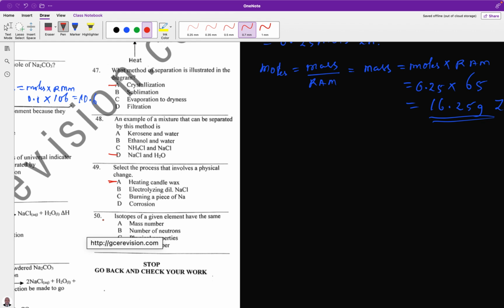Remember, isotopes are atoms of the same element having the same proton number or atomic number, but different mass numbers due to the different number of neutrons. So our answer here will be the same atomic number. D is the right answer for 50.